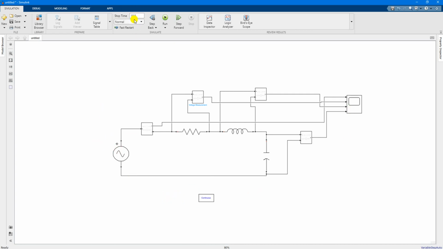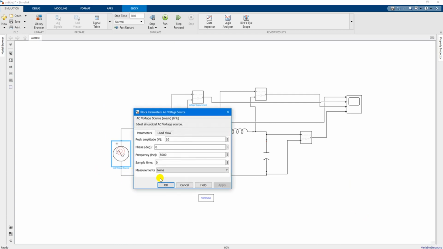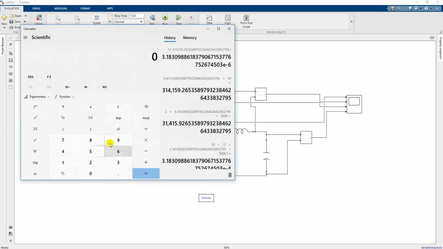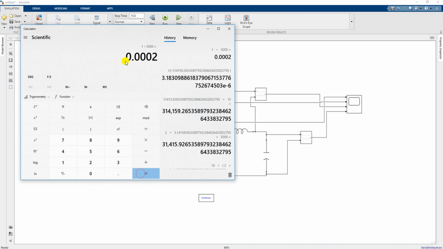First you have to know the frequency of the supply. The supply is 5000 hertz, which means it repeats itself every how many seconds? You will see right now, 1 over the frequency, so every 0.0002 seconds we have 1 cycle.